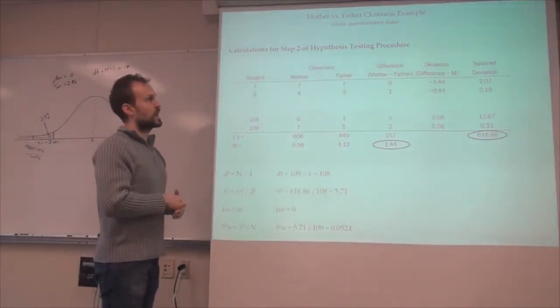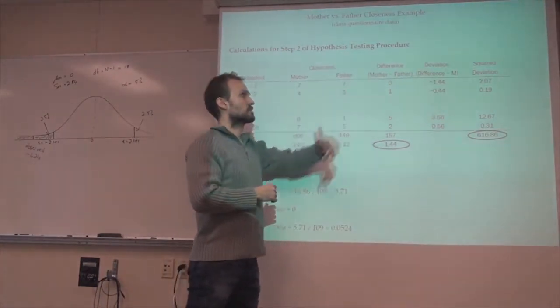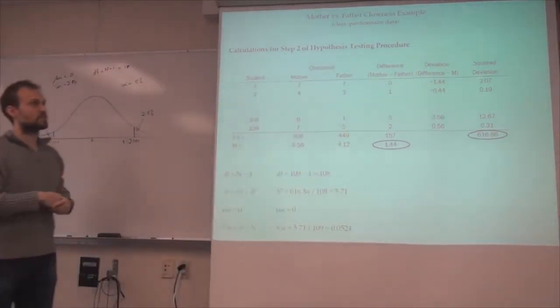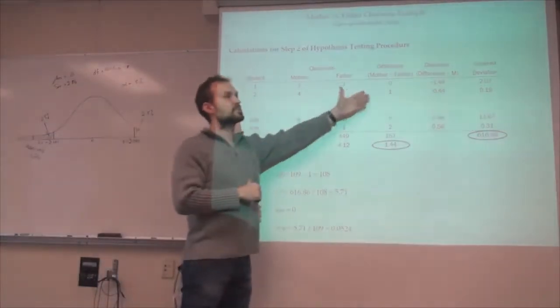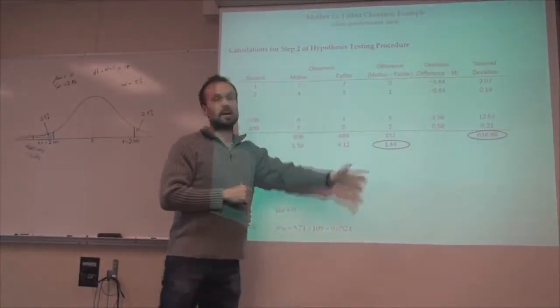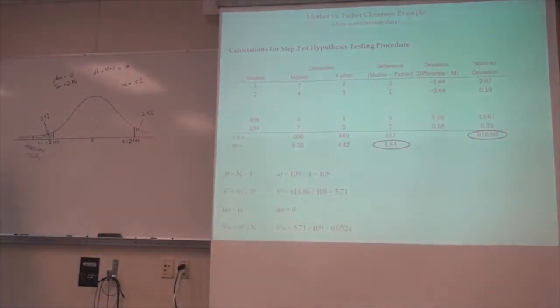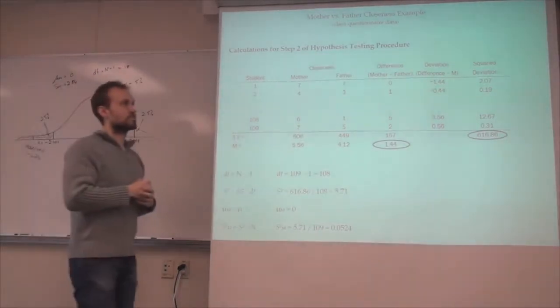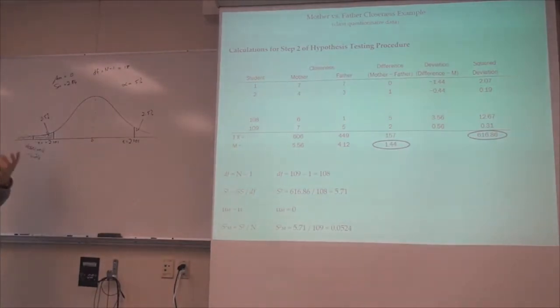So I'm again going to look at a difference, and it doesn't matter which one I pick first. For example, I just decide: mother minus father. I get differences to measure if the average difference from my sample suggests a population average difference that's not zero, meaning that they're not rated the same.